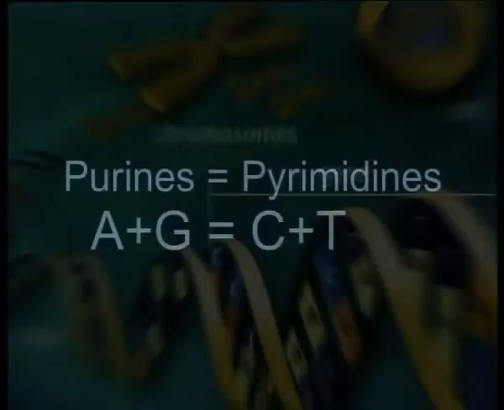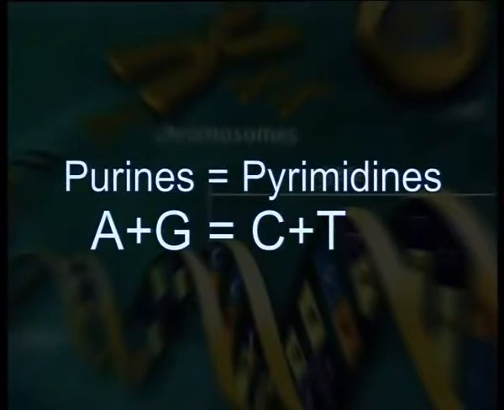From these relationships, it follows that the sum of purine residues equals the sum of pyrimidine residues. That is, the sum of adenine and guanine equals the sum of thymine and cytosine. Therefore, in no case were the quantities of all 4 bases equal, which would be expected on the basis of Levene's assumption.